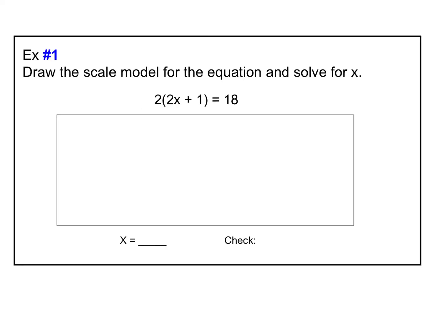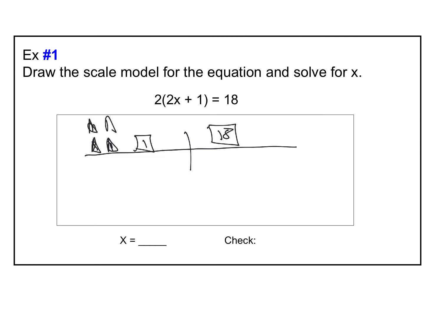All right, let's do another example together. So on this one, we have two groups of 2x plus 1 balanced with 18. Because it's two groups of 2x, I'm going to put 2 triangles and a 1 stacked with another 2 triangles and a 1. I know that those 2 1s can be regrouped to a 2.